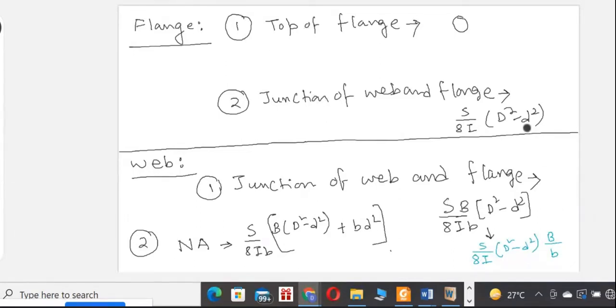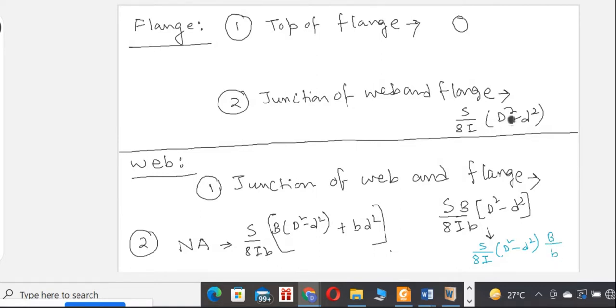That means at the junction of the web and flange, the shear stress will suddenly jump, because capital B is higher than small b, so B by b is greater than 1.